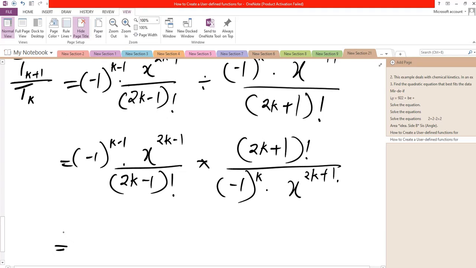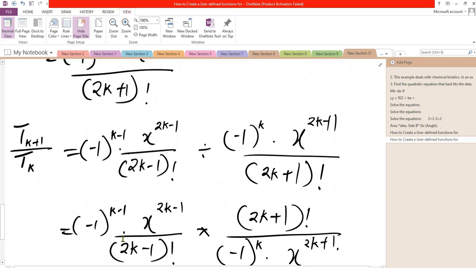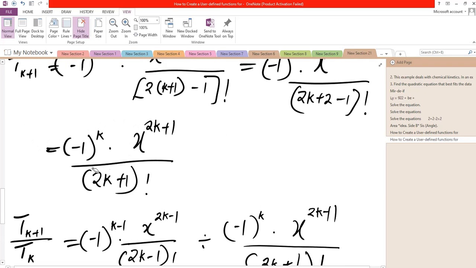Now if you bring together the like terms, you have minus 1 raised to power k minus 1, so you have it here. Using the law of indexes, it will be minus 1 raised to k minus 1 divided by minus 1. Okay, no, this is supposed to be here.